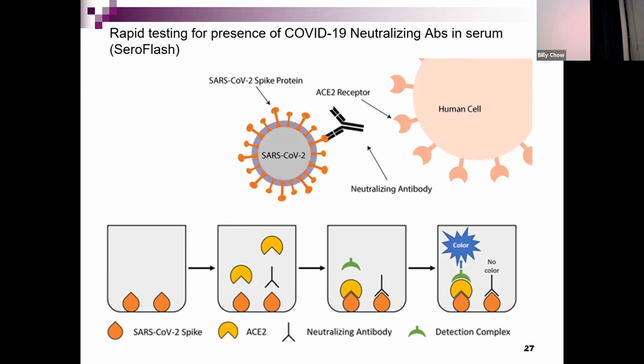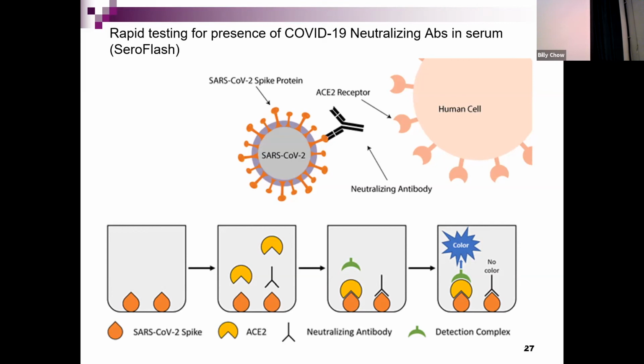So to detect whether you have the presence of the neutralizing antibody, basically what you have here is the ELISA plate coated with the spike protein. And then if you have the neutralizing antibody, it will protect it from binding with the ACE2 receptor.